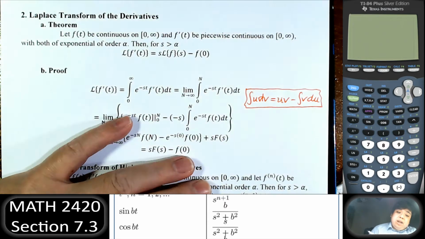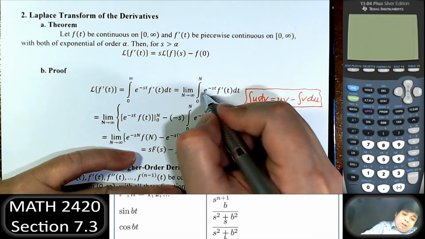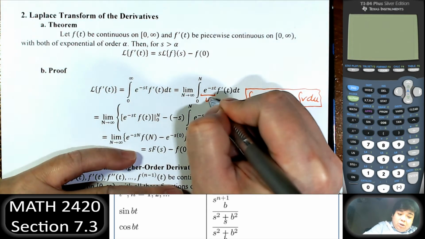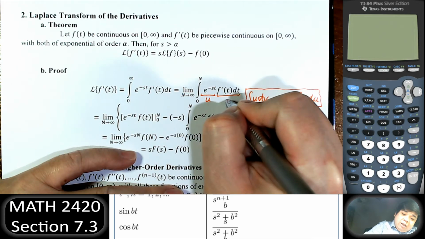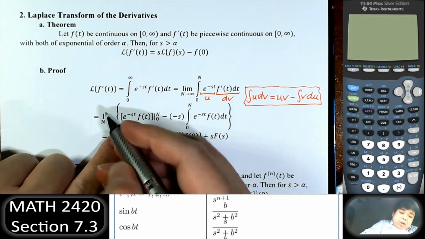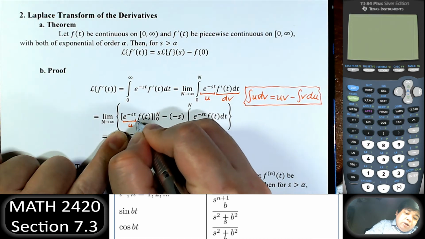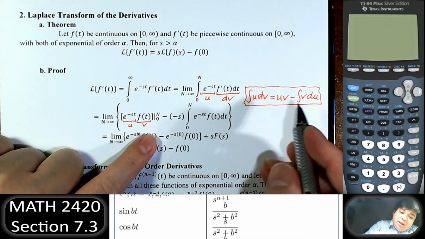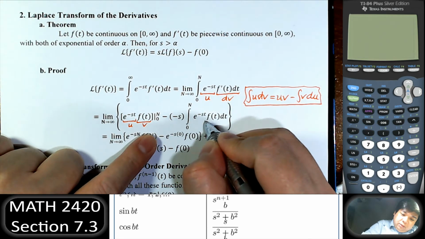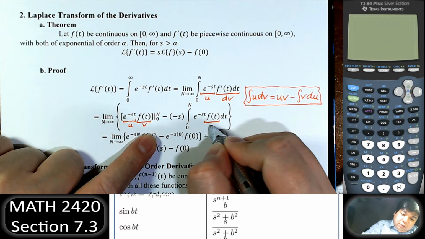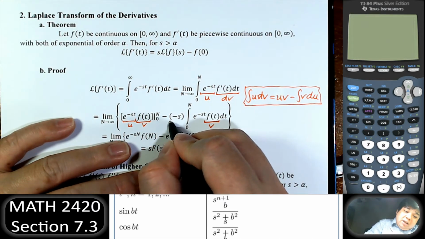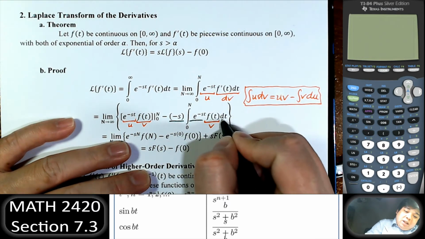So what are the parts here? So u is e to the negative st, and this is dv. So we have uv minus the integral of v du. Well, the rest is difficult to say, but what's left is negative s, e to the negative st, and dt.